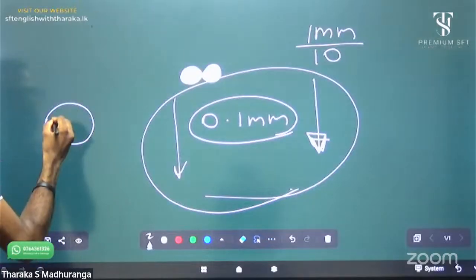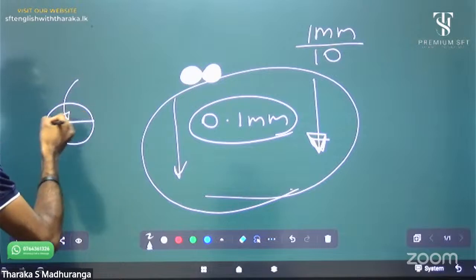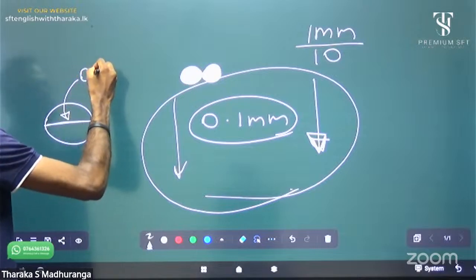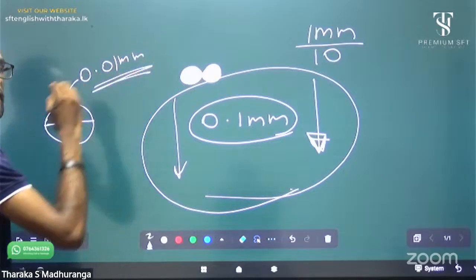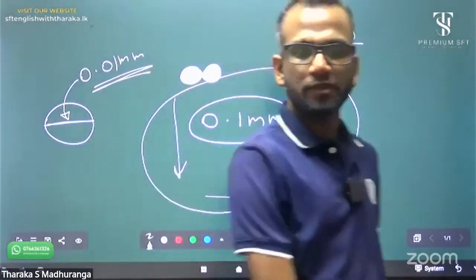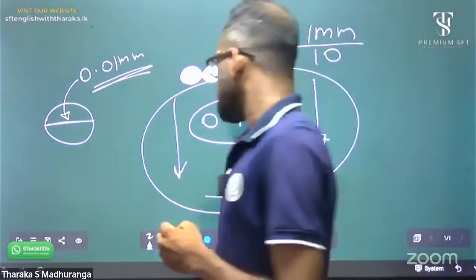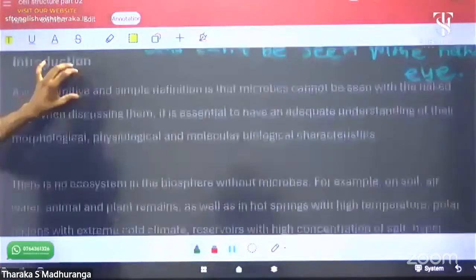If their thickness or diameter is 0.01 millimeter, we can't see it with the naked eye, because 0.1 millimeter is the maximum of our visibility.